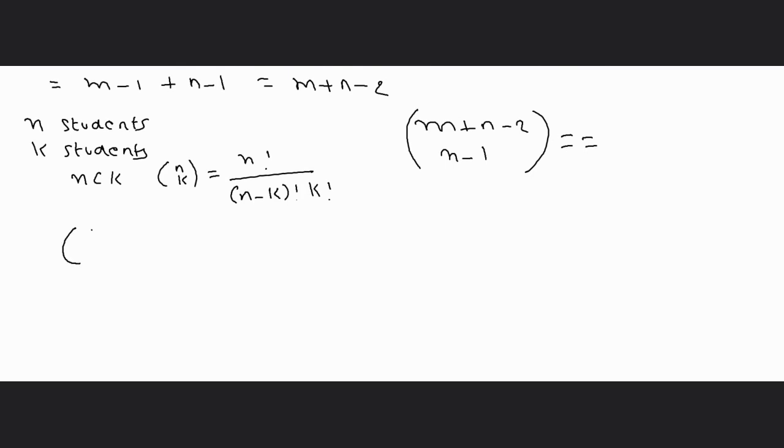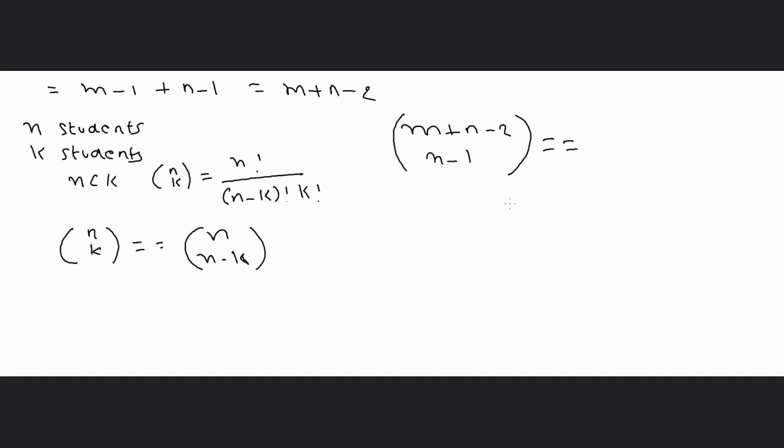So n choose k, the number of ways we choose k students from n students, is equal to the number of ways we don't choose, I mean we exclude, n minus k students. Similarly, the number of ways we make right moves would be equal to the number of ways we don't make a right move and we are making a downward move.